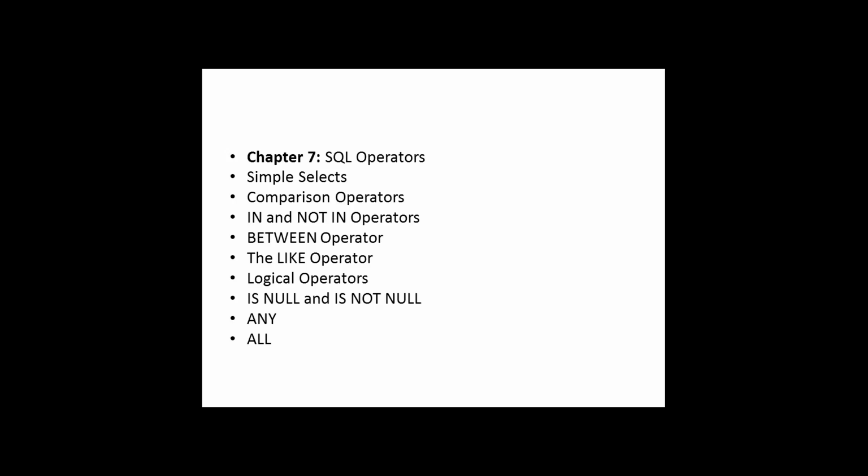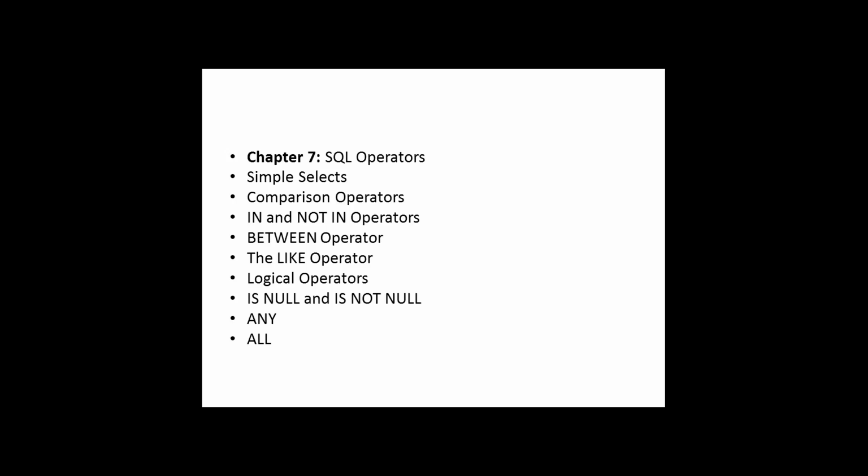The next one is the in operator and the not in operator. We'll see one by one how we do it. The in operator is used if you want to retrieve information for a list of values, for example I want to retrieve the employee data for Ram and Pratik.